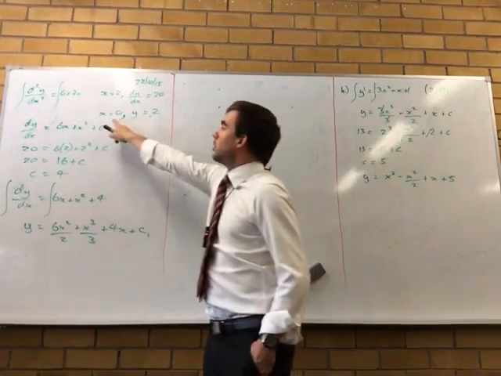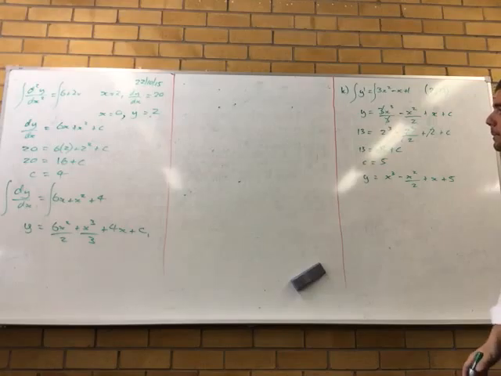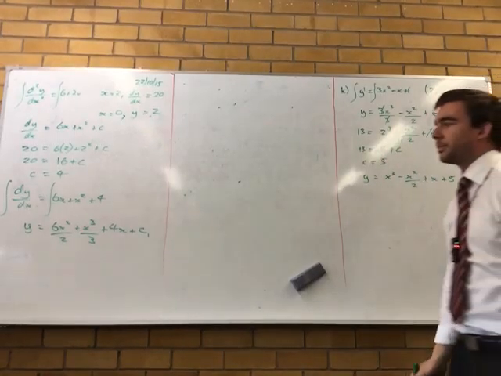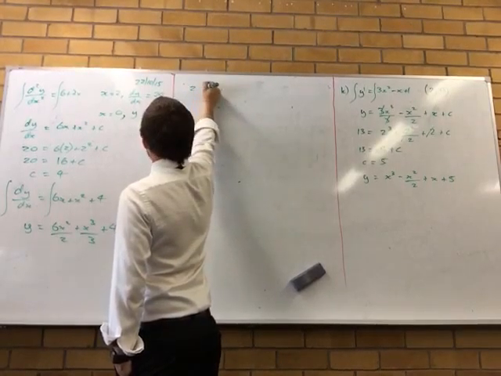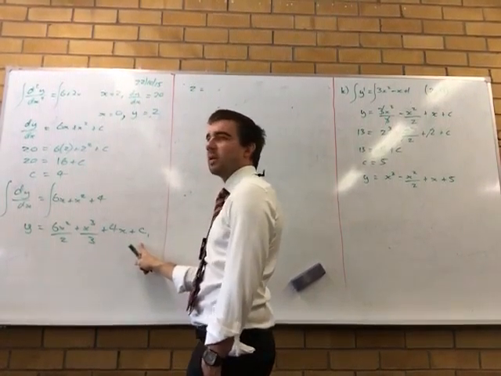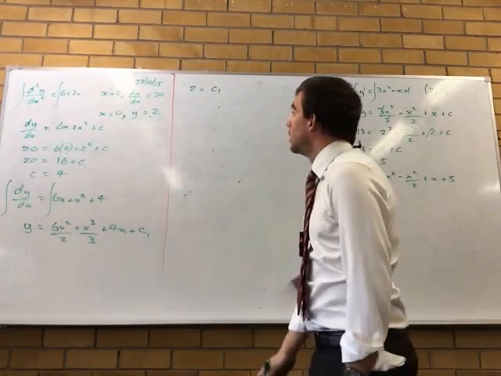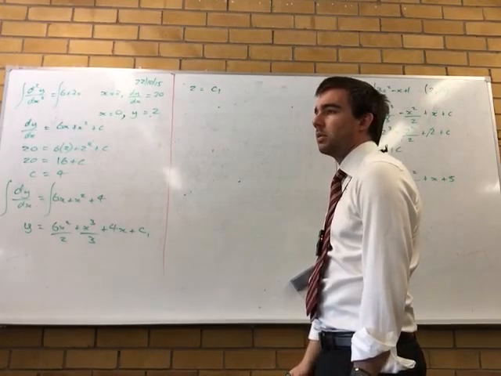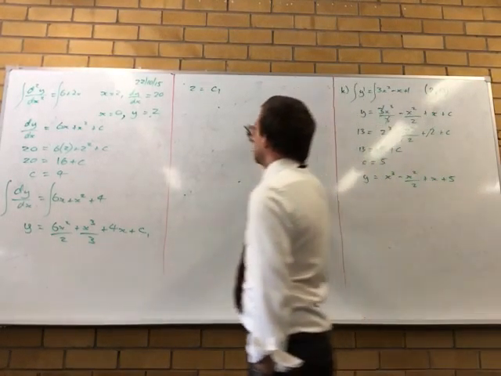Right, so we know that x is 0, y is 2. We substitute x and y in there, solve for C1, and then we'll have our original equation. So 2 is going to be, x is 0, so we need 0, 0, 0, and C1. We've already determined what it is. That's great when we have x equals 0 because that allows us to do these things pretty quick.